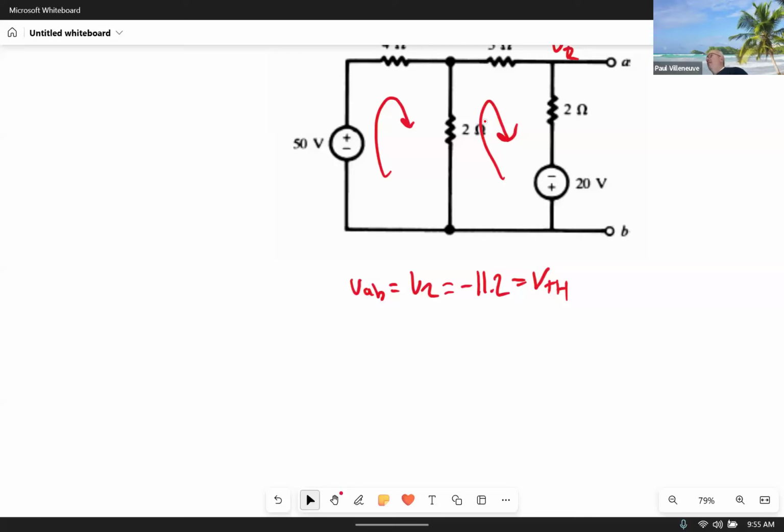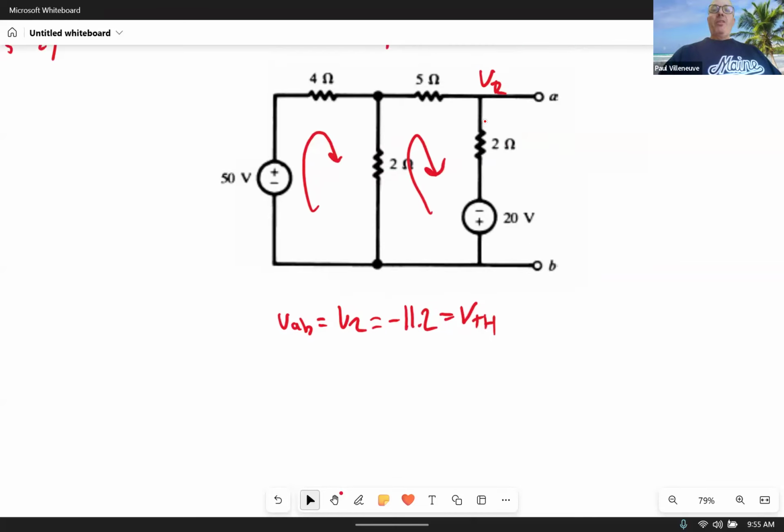To solve for the Thevenin equivalent impedance, you certainly could put a short circuit over here and then redo your work. But I mean, go ahead and solve for the current, but that might be a lot of work to do that. All I would do is turn off these supplies because they're independent, right?